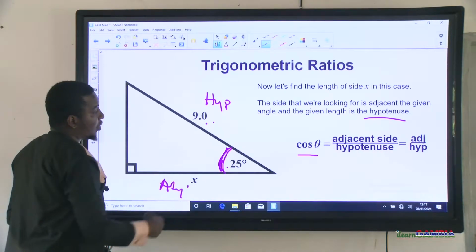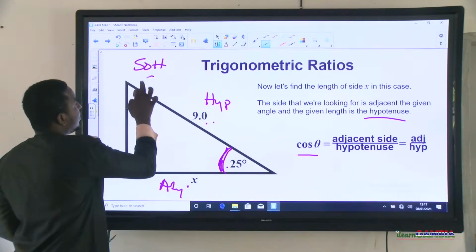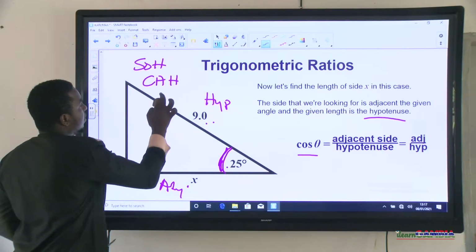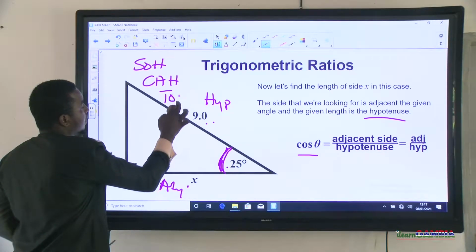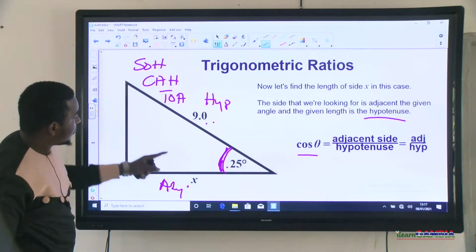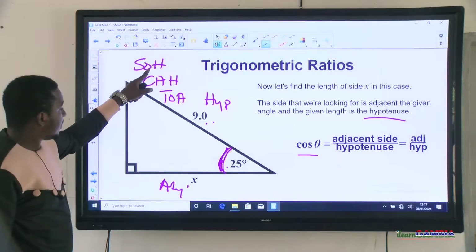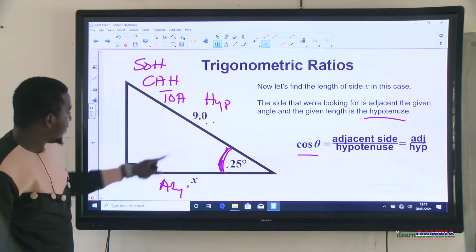Now, looking at SOHCAHTOA, which one of these do we have all its information? For sine, we have the opposite and the hypotenuse. Are we given the opposite? No, we are not.